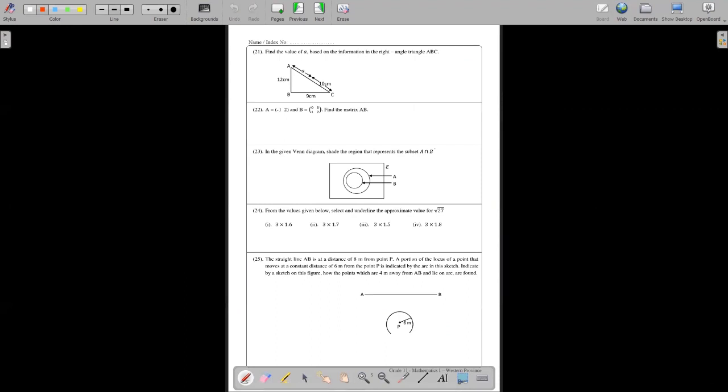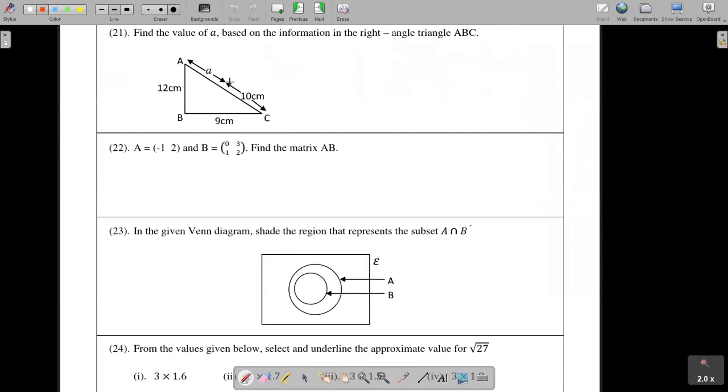Find the value of A. You know this AC squared is 12 squared plus 9 squared. So 144 plus 81, 225. This is 15 squared. So AC equals what? 15. So you have to multiply these two. Then you have to be careful.